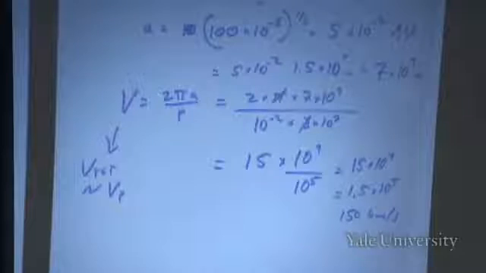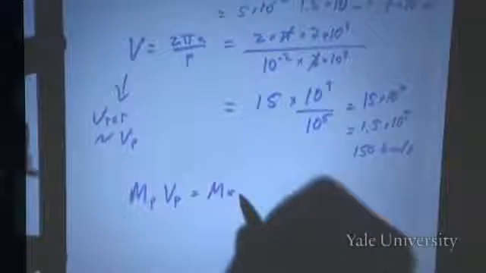Now we know the velocity of the planet. We know the mass of the star. We know the velocity of the star. And so we can figure out the mass of the planet. Here's how it works. M planet, V planet, is equal to M star, V star. V planet, we've just figured out, is 1.5 times 10 to the 5.